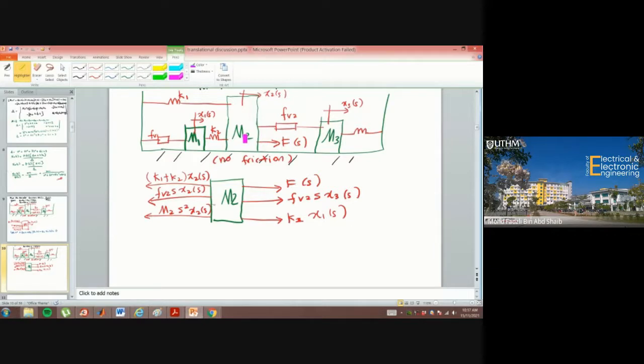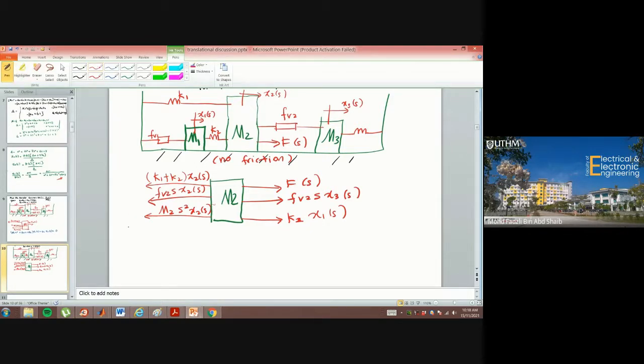How about the link with the force of M2 due to the motion of M3? With M3, there's the link here, Fv2. We have Fv2 times S, X3S. Kenapa X3S? Sebab link dia dengan X3S ni. Force of M2 due to the motion of M1, kita tengok X1S ni, dia link dengan M1, M2. We have K2 only, K2 X1S. Okay, direction should be different from the main one. So, now the equation of M2.